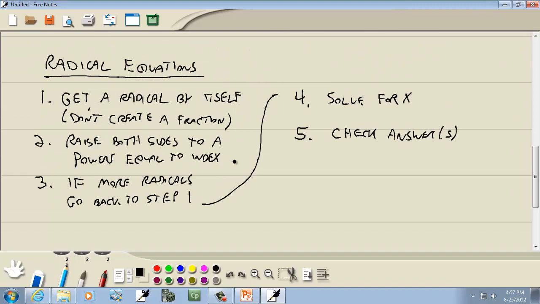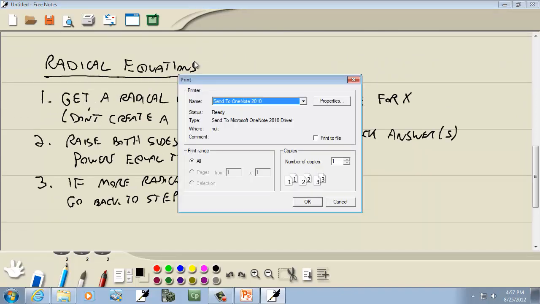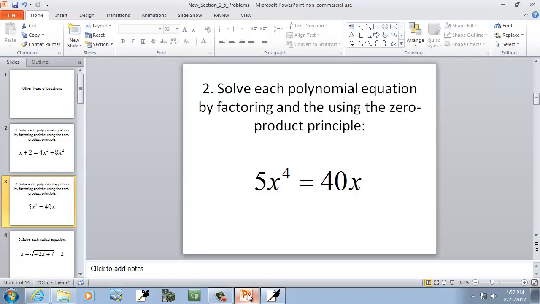And I probably don't have room to work the problem here, so let me save this. And let me see what this is called. Other types of equations.